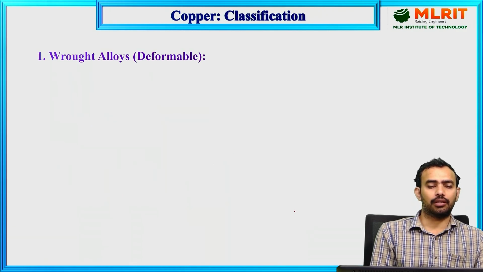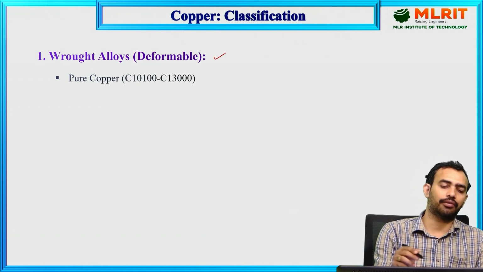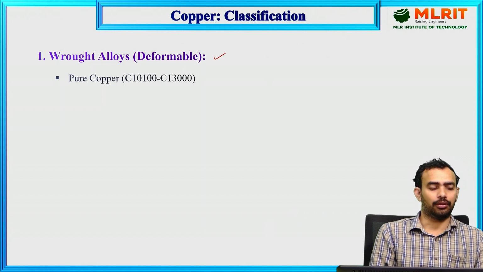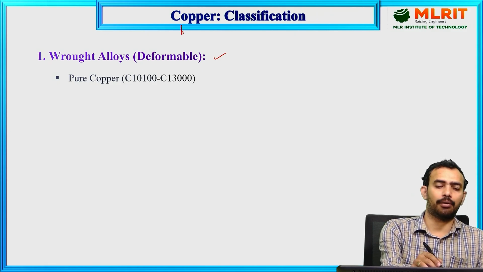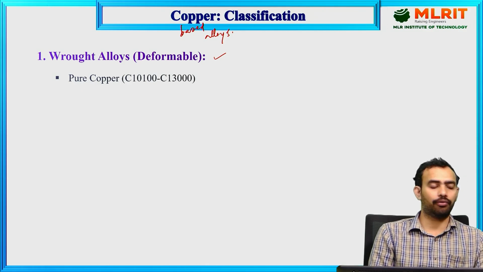These copper alloys are classified into two categories. One is wrought alloys, and then we have cast alloys. This is the classification of copper-based alloys. So why do we do alloying? If you recall, alloying is basically a combination of two or more materials combined to enhance the properties.